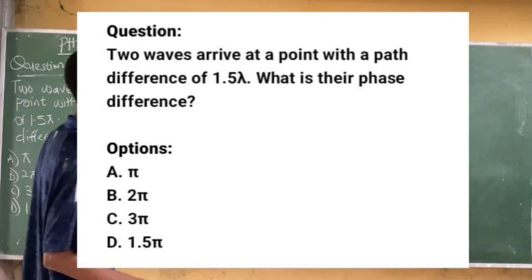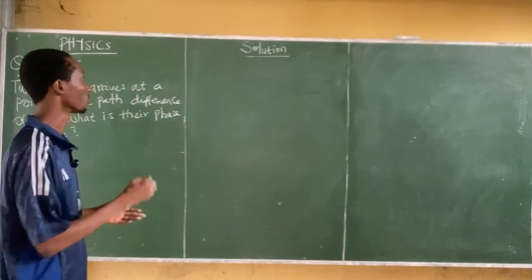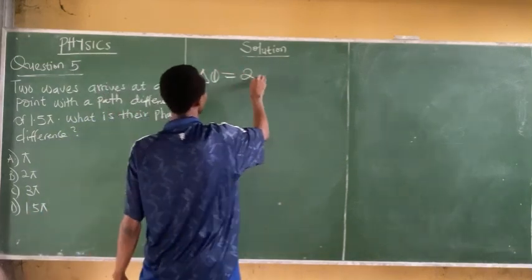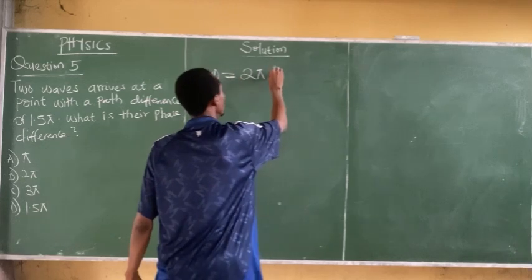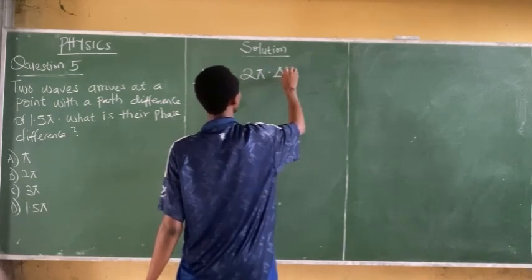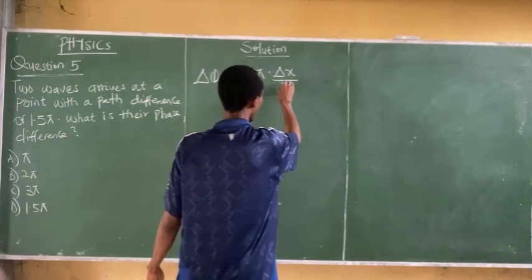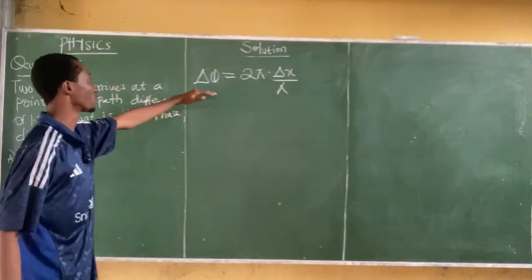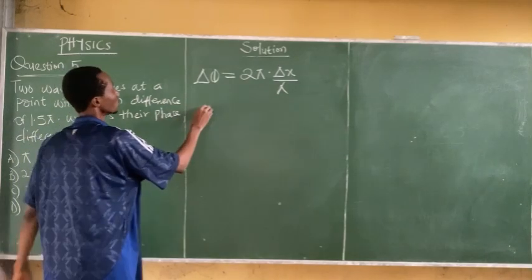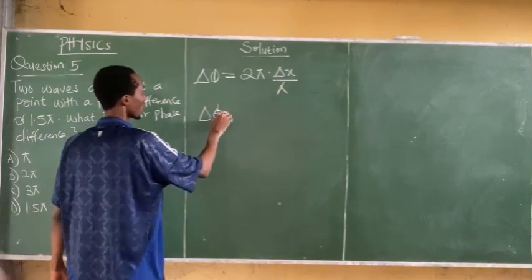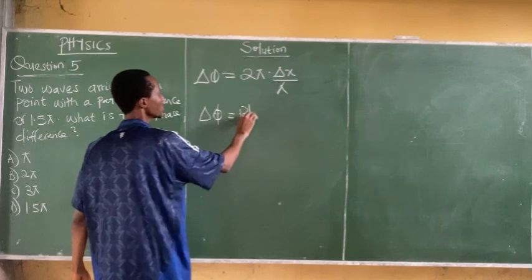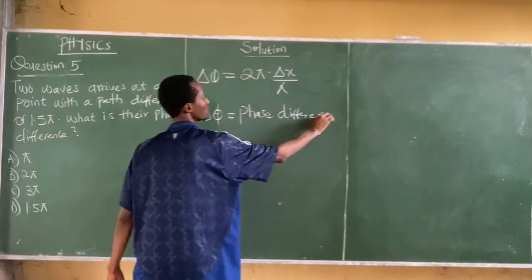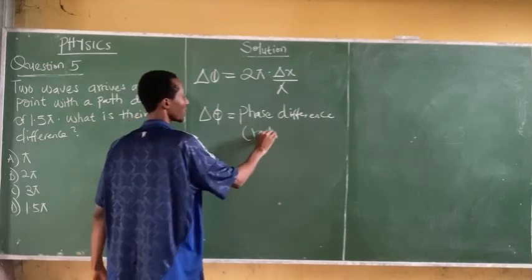Now, for phase difference due to path difference, we have the formula: change in phi is equal to 2 pi times change in x all over lambda. This is the formula for phase difference, where change in phi is the phase difference in radians.